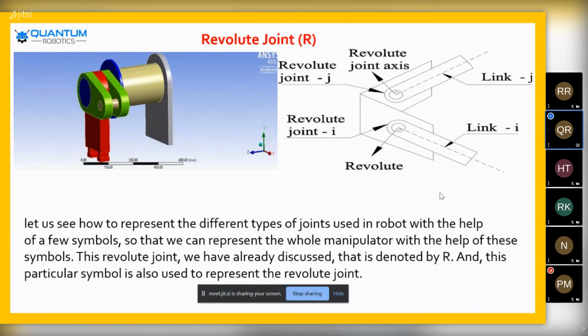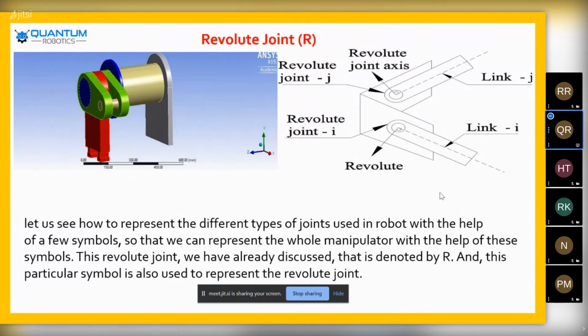Let us see how to represent the different types of joints in the robot with the help of a few symbols, so that we can represent the whole manipulator with these symbols. For this revolute joint, we have already discussed the letter R, and this particular symbol is also used to represent the revolute joint.